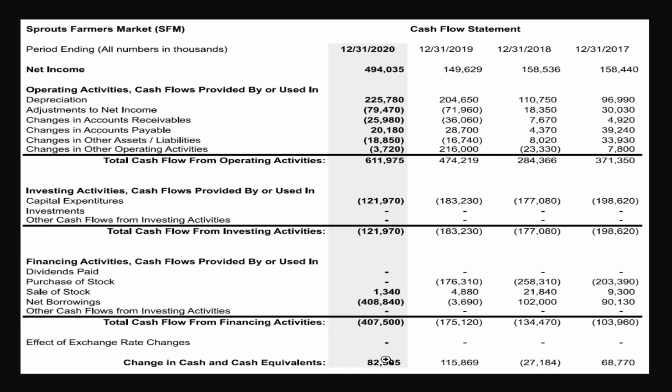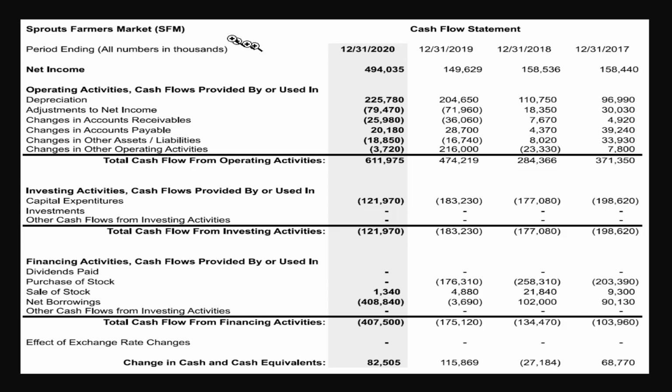So the bottom line in the cash flow statement in 2020 is that their cash went up by $82,505,000. Remember, you've got to put three zeros after each one. So we dig deeper into the cash flow statement to see exactly what actually happened to their checkbook.